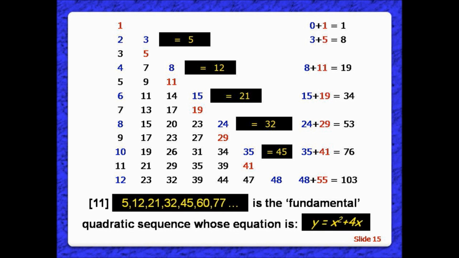The important sequence of numbers is 5, 12, 21, 32, 45, 60 and 77, which is the fundamental quadratic sequence whose equation is y equals x squared plus 4x.